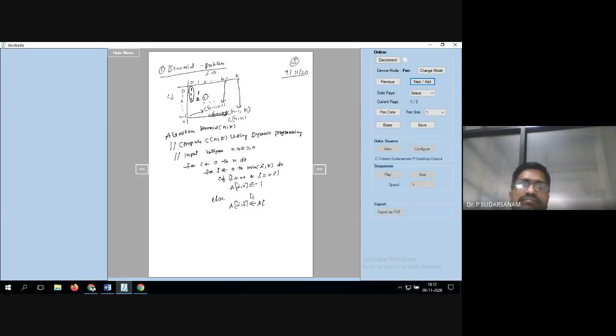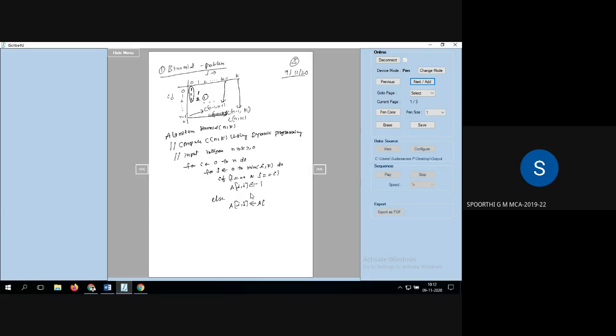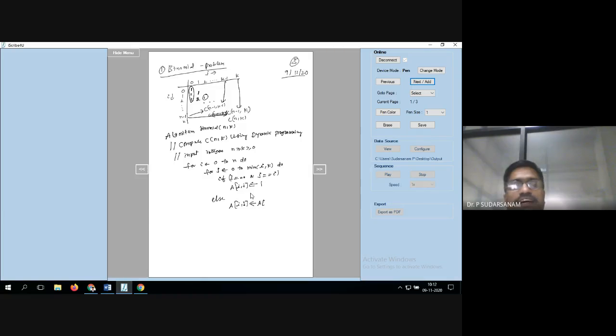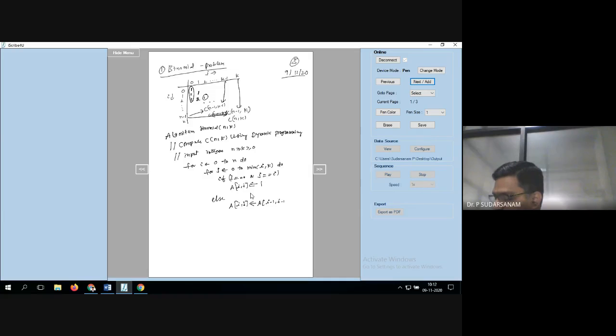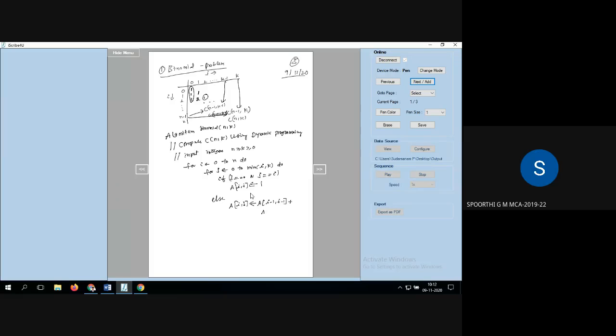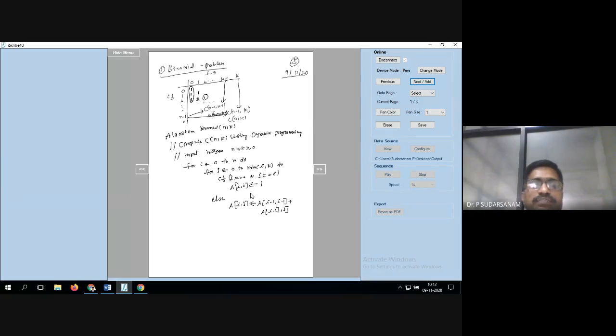That's it. A of i minus 1, very good, comma j minus 1, very good. Next one, plus A of i minus 1, j. That's all. Any problem to write this program now?